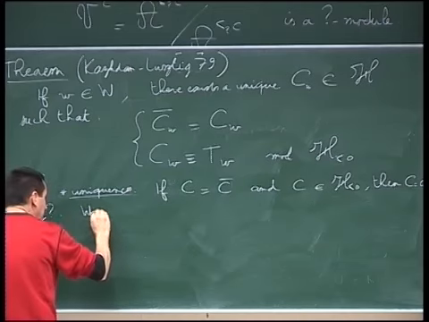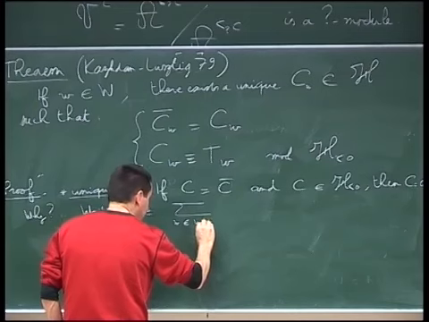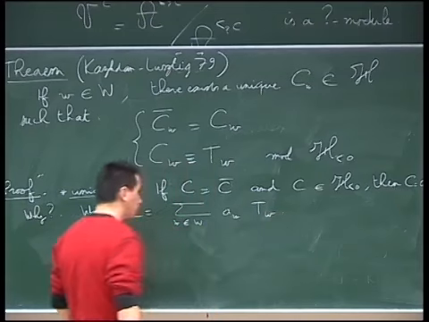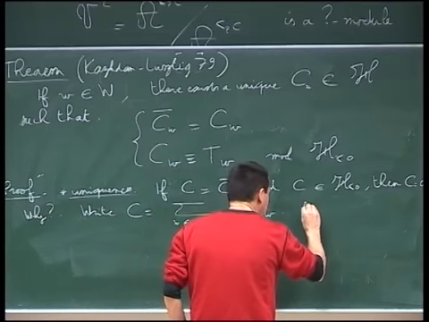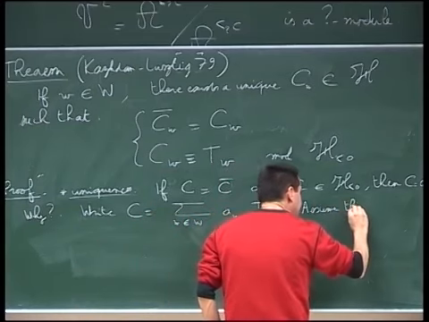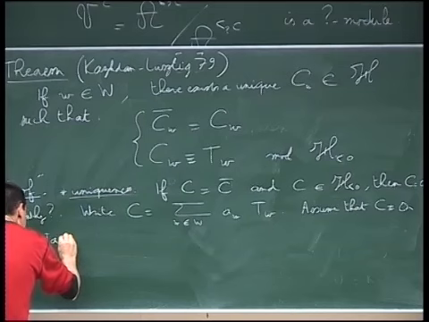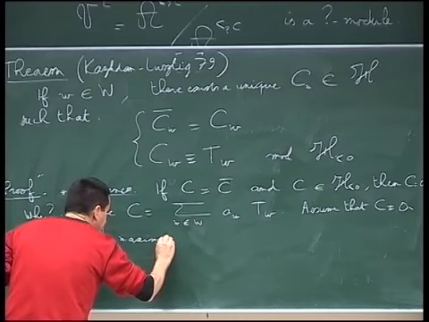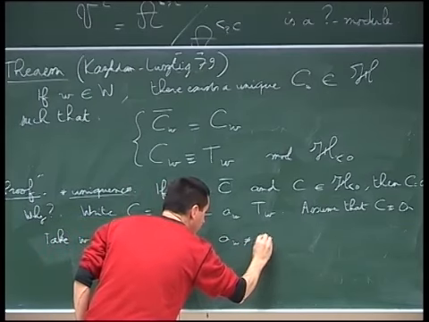So write C to be the sum for W in W of AW TW. Then assume that C is different from 0, and take W maximal for the length such that A of W is different from 0.